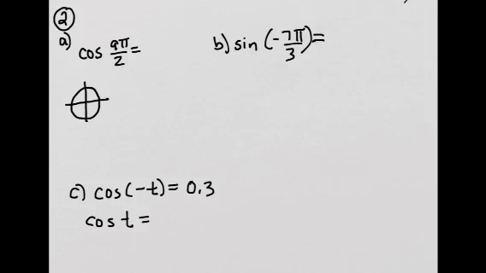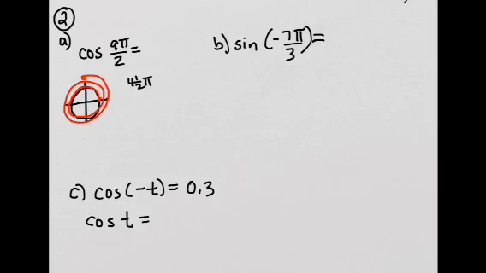So 9 over 2 is 4.5. Okay, and then I'll use a different color. So let's say we start right here, right? So that's 4.5 pi. So that's 1 pi, 2 pi, 3 pi, 4 pi, and then a half a pi would be up here.